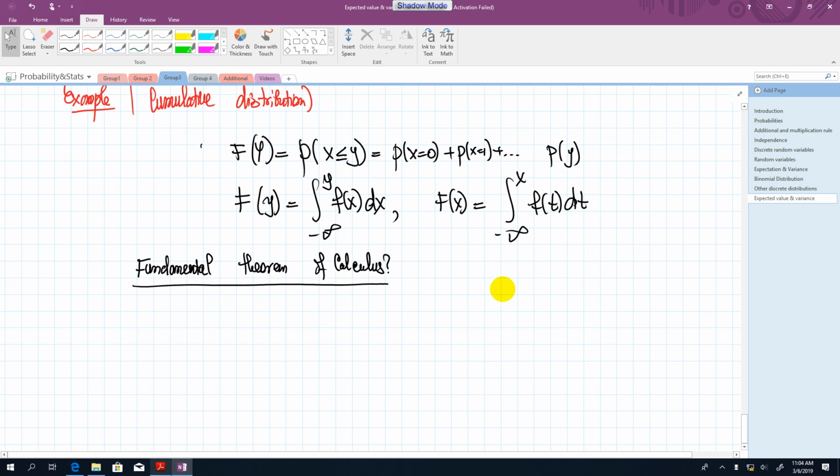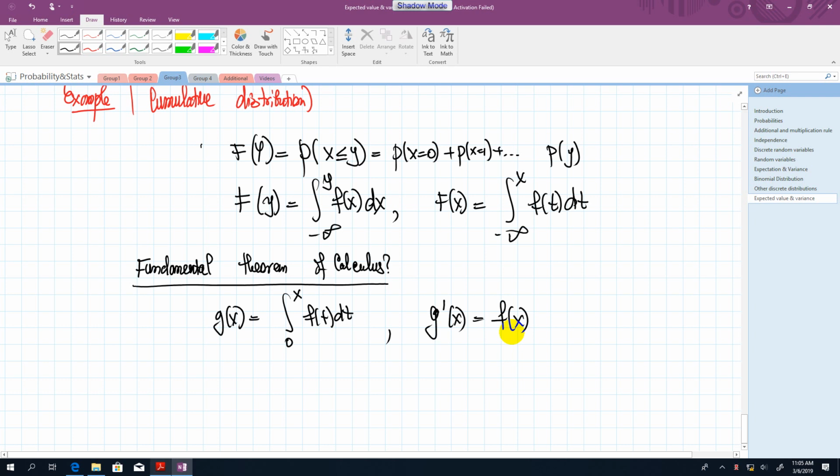It tells us that if my function g of x is given as the integration of another function f until x, then the derivative of g is simply the function f with respect to x. Later we will see that if I'm given the density function, I can find the cumulative function by integrating. But if I'm given the cumulative function, we can also find the density function by just taking the derivative of the cumulative function.